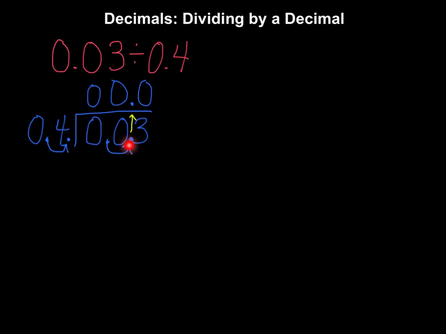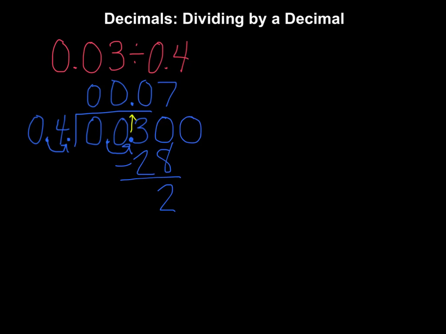Now that I have a decimal right there, I have as many zeros as I need. So I need one now. 4 now goes into 30, 7 times. 7 times 4 is 28. 30 minus 28 is 2.